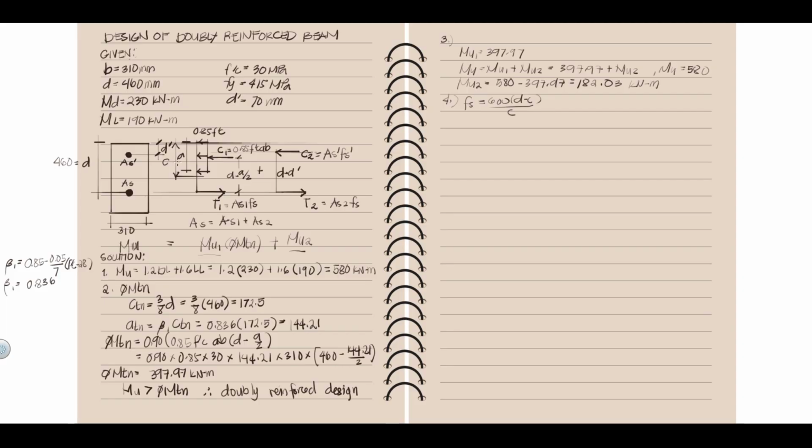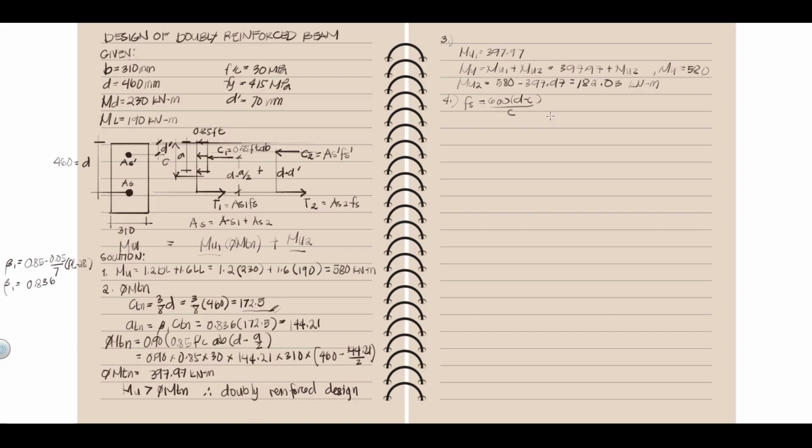Yung C dyan, yan yung ating CTN. Kasi nga, yung unang diagram is our VMTN. So, meaning our Fs here is the actual stress in our tension controlled.